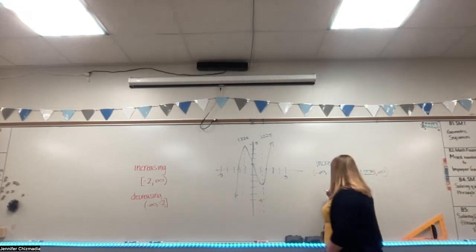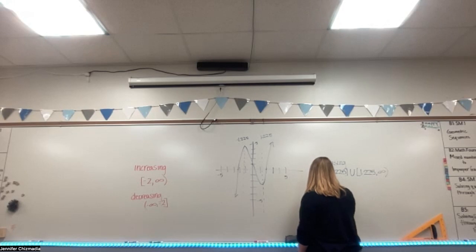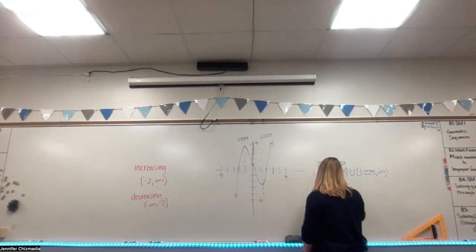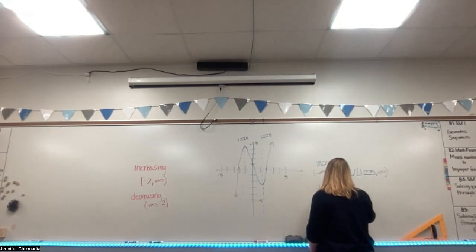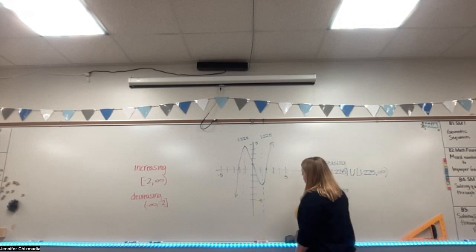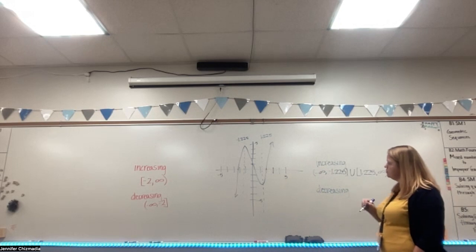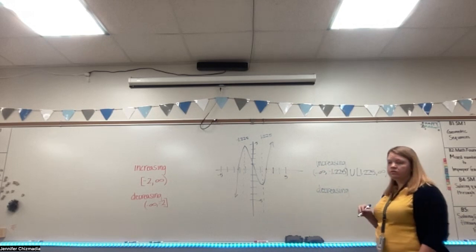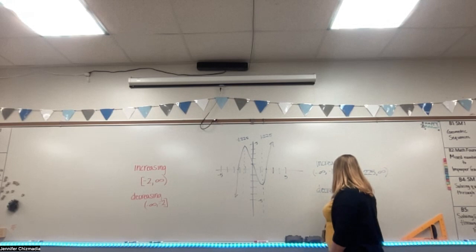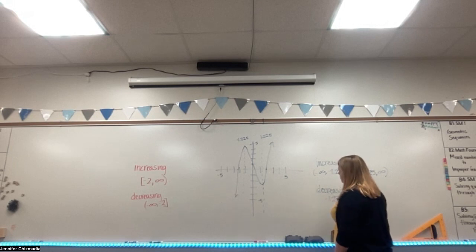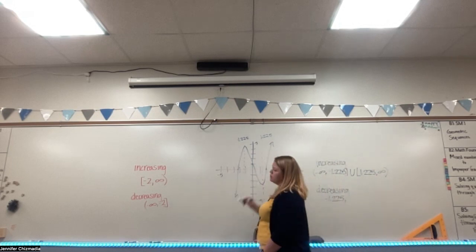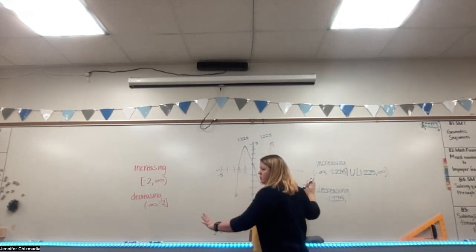Okay, what about decreasing? Negative infinity. So now we're looking for where it's going down. It does that once, and it starts at negative 1.225. When does it stop? We always read a graph from left to right, just like we read a book.